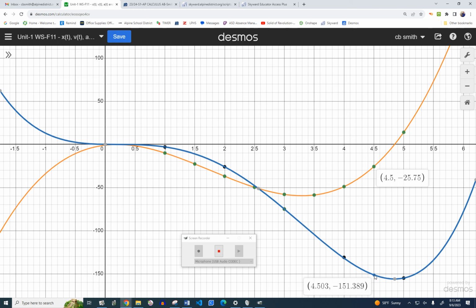If you go forward in time to this moment, the particle is as far left as it will ever be. And at that moment, 4.848, the velocity is 0, so the particle stops. In the next moment, the particle starts to move to the right. That's why that velocity is now positive. But the particle is still over here in the negative half of its path. But it is moving to the right. Did that answer it? Yeah.